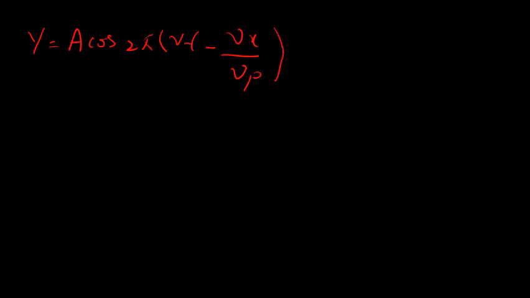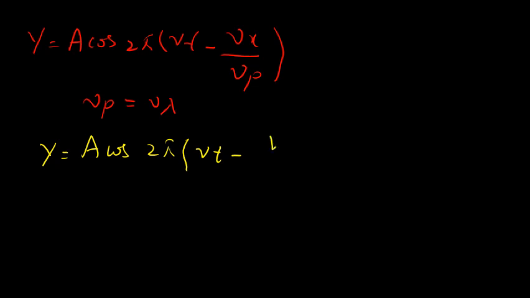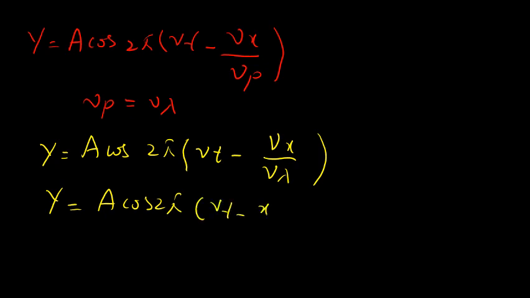As we know that vp equals mu lambda, by putting this value y will be equal to a cos of 2 pi into mu t minus mu x over mu lambda, which is y equals a cos of 2 pi mu t minus x over lambda. Now we have some other important quantities related to the wave.